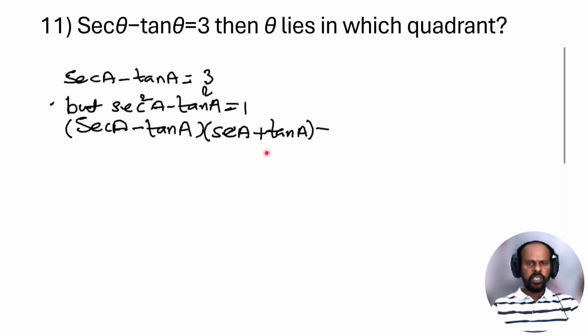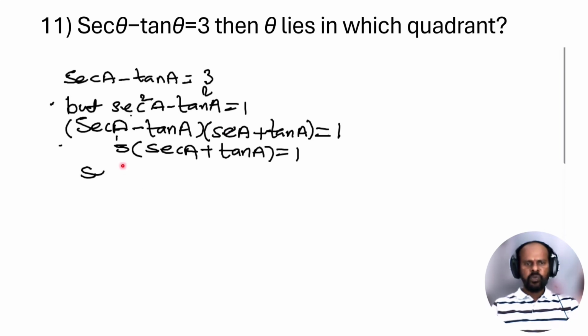So the value of sec theta minus tan theta equal to 3 is given. Let us write here, the second bracket sec a plus tan a equal to 1, as it is, and the 3 multiplying quantity, let us take that side. So sec a plus tan a equal to 1 divided by 3, so here it becomes 1 by 3.